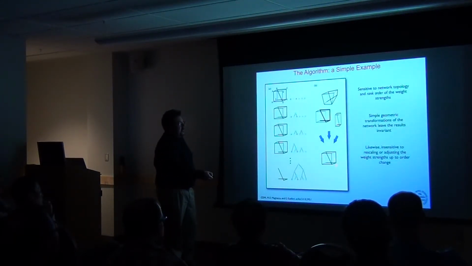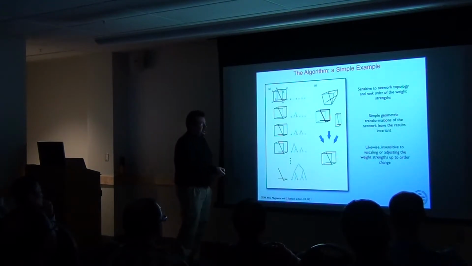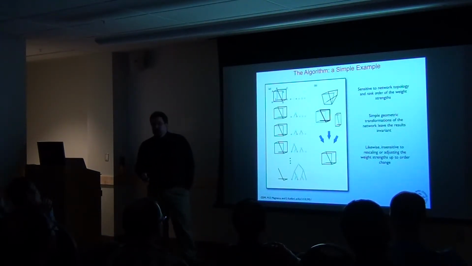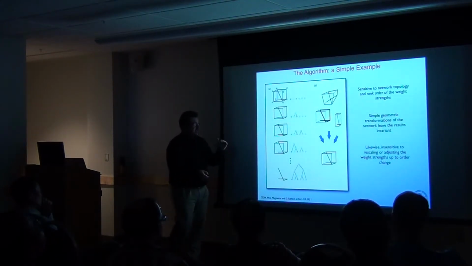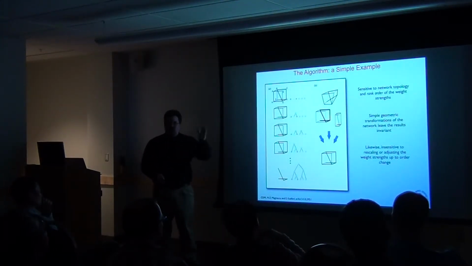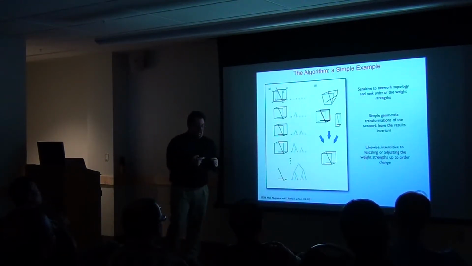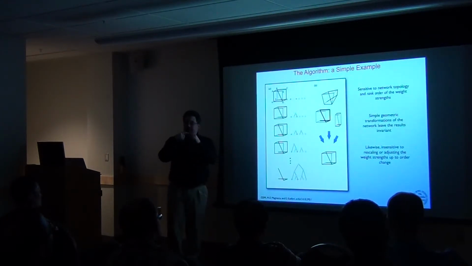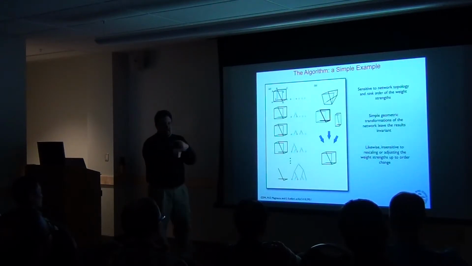And also, perhaps more importantly, the algorithm is not sensitive to small perturbations in the magnitude of the weights. The way the weights are used is as an order. Which edge do I cut? What's next? And so long as the perturbations to the magnitude of the edge weights don't pop any of the edge weights past each other in the order, then the algorithm's not going to see it.